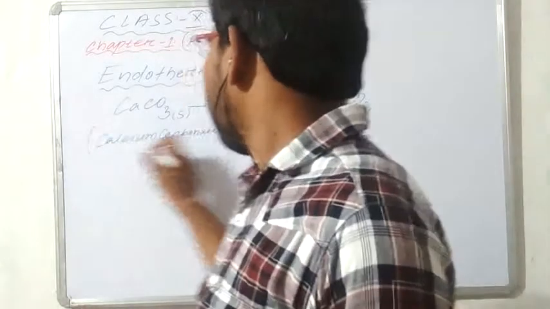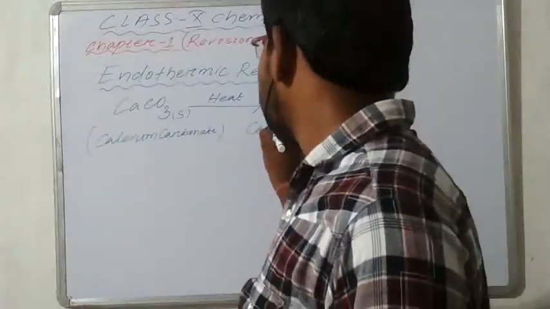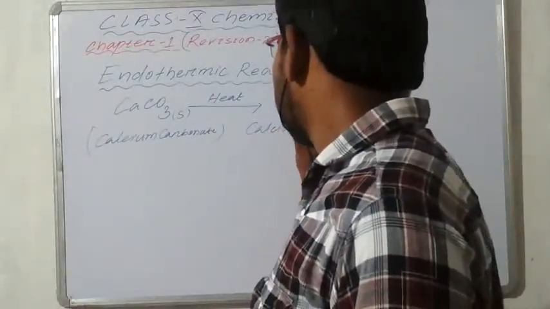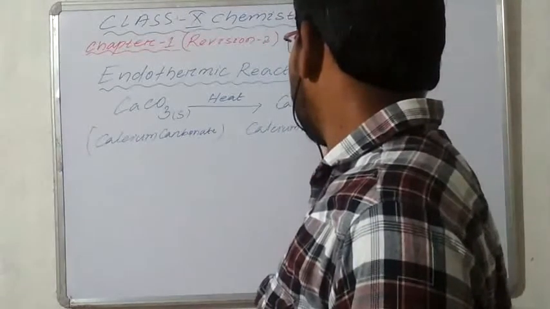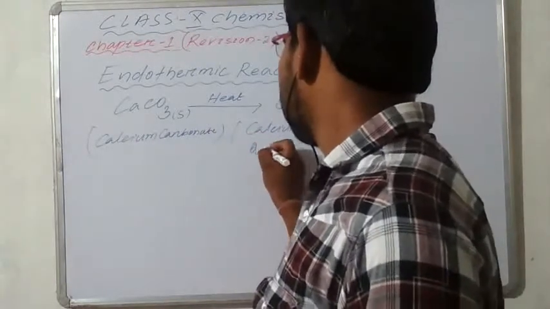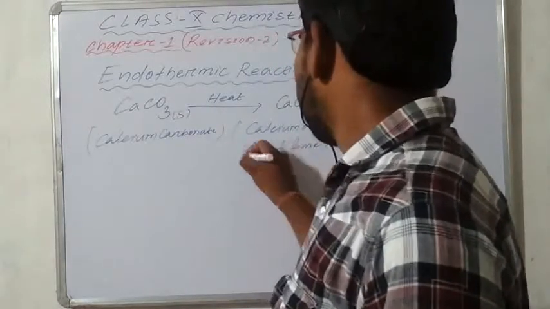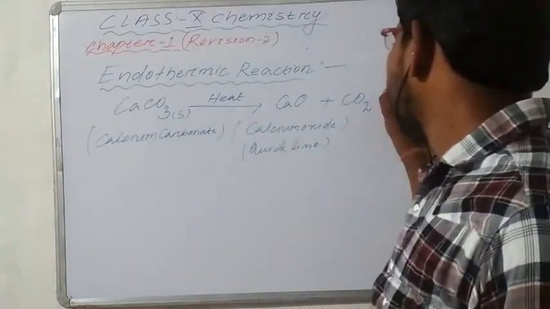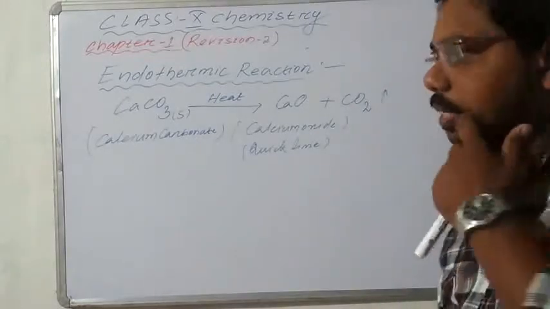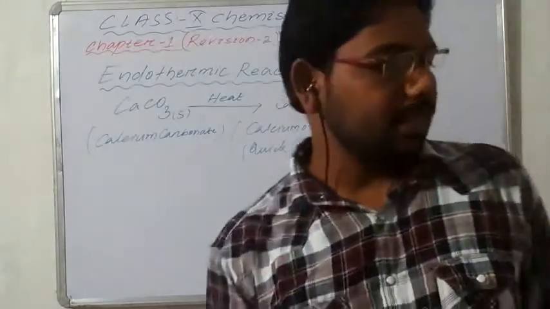And this is calcium oxide, or quicklime. And carbon dioxide gas is also released. So it is an example of endothermic reactions.